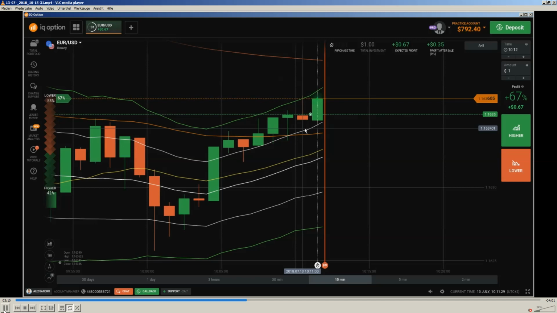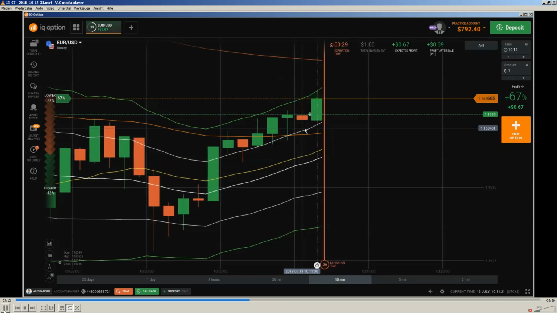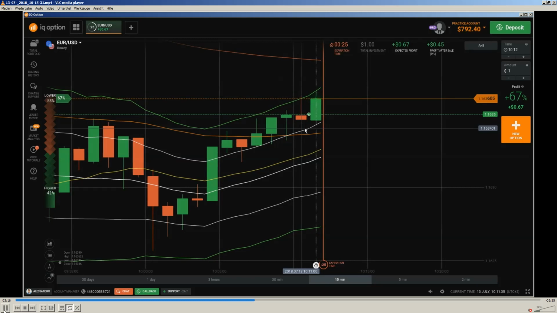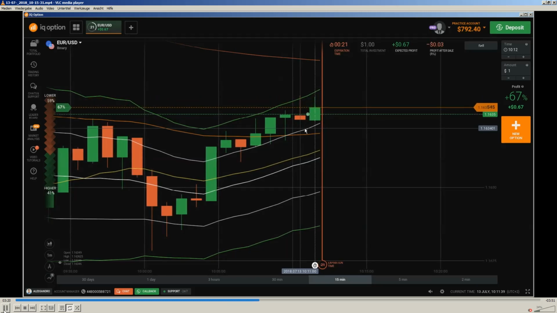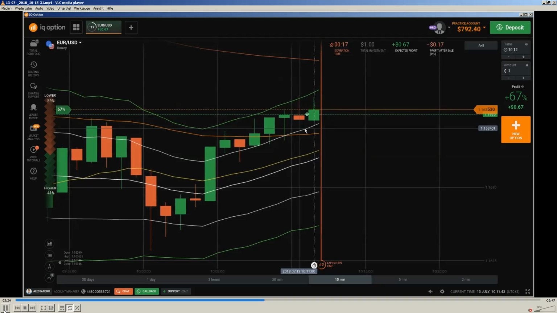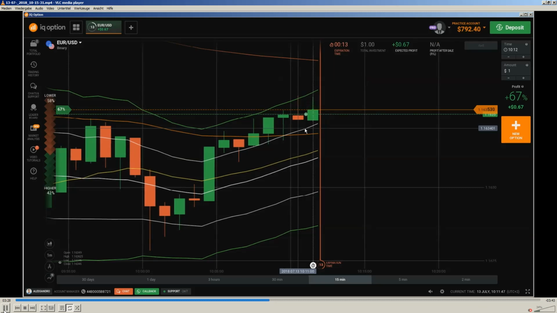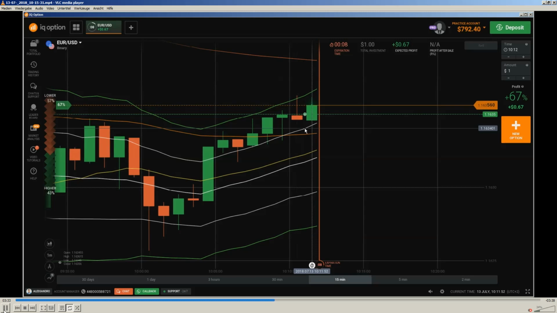Also the distance between the 50 EMA and the 100 EMA shows that price will maybe be pulled toward the 100 EMA. So here we see again that there should be some kind of resistance. Price was pushed down a little bit, and let's see what happens then.